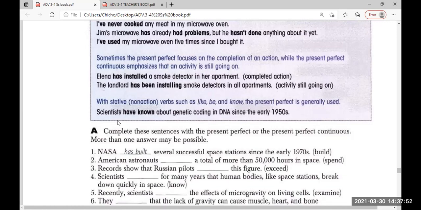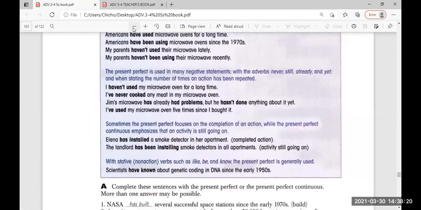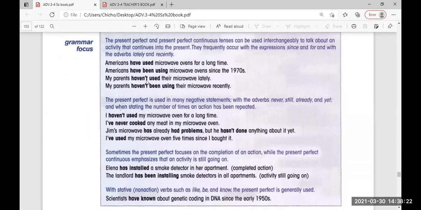Okay? Scientists have known about genetic coding in DNA since the early 1950s. Por ejemplo, no podríamos decir have been knowing, porque no utilizamos stative verbs para los tiempos continuos. Okay? I want you to tell me if you have questions about this, anything to clarify about these two things.